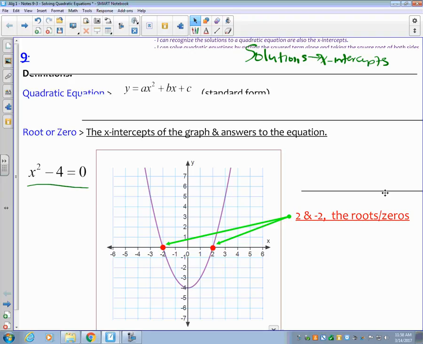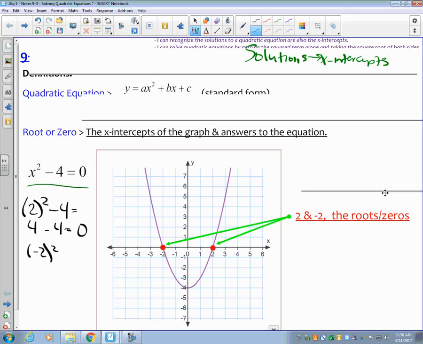And when we plug those back into here, 2 squared is 4, and 4 minus 4 is 0. -2 squared, -2 times -2 is +4, and we get 4 minus 4 equals 0.